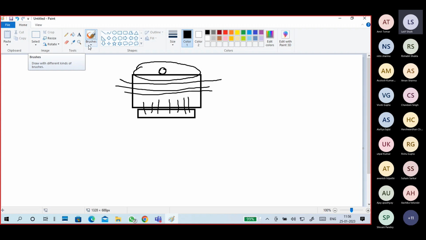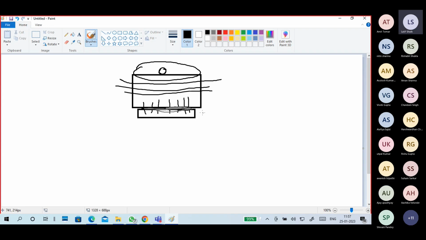Okay. The next one is heat sink paste. Heat sink paste, or thermal paste, will be applied in between the processor and the heat sink. What is the advantage of that? Yeah, the system will not heat and burn.